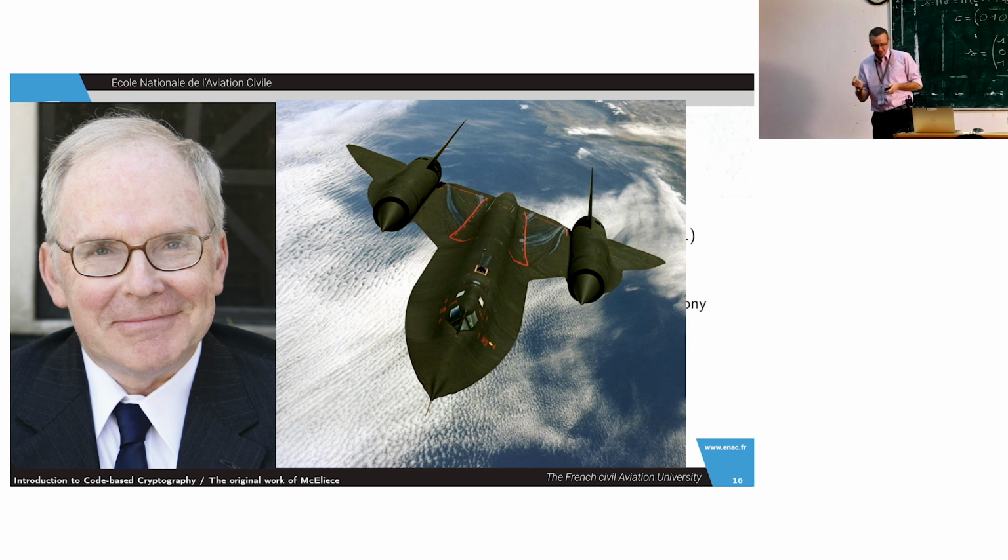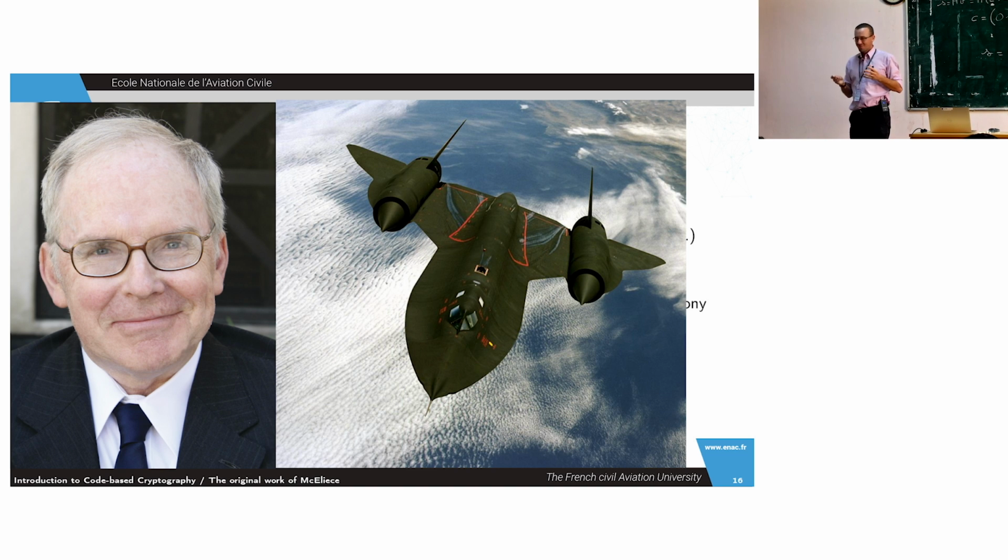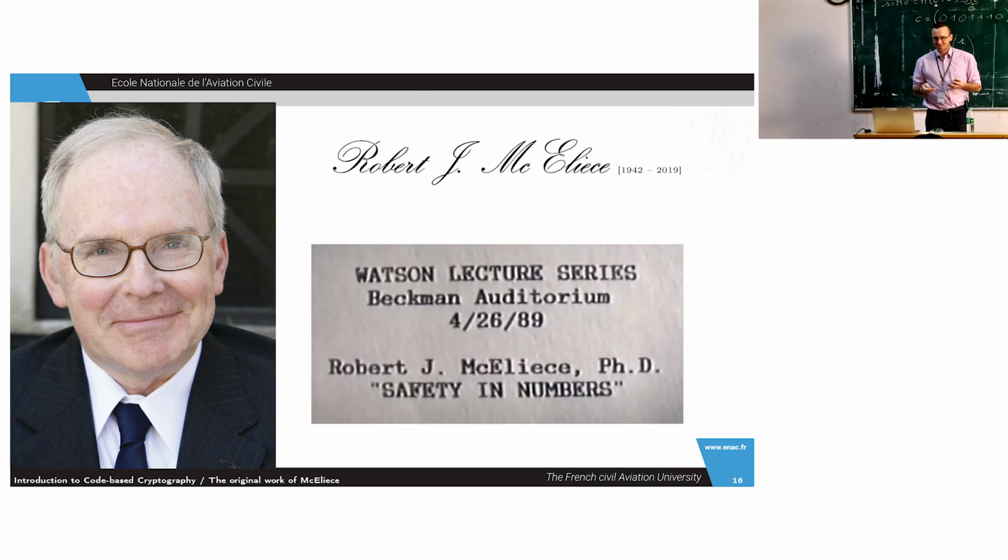I wanted to give you a really short quotation from McEliece, one that I love. McEliece was a super great professor, and he gave a talk in '89 entitled Safety in Numbers.